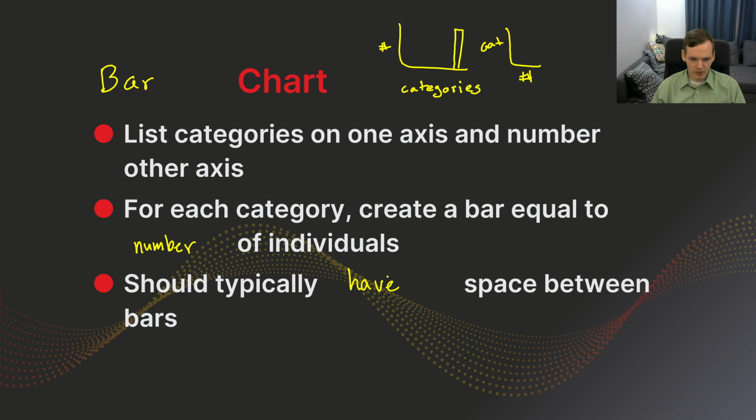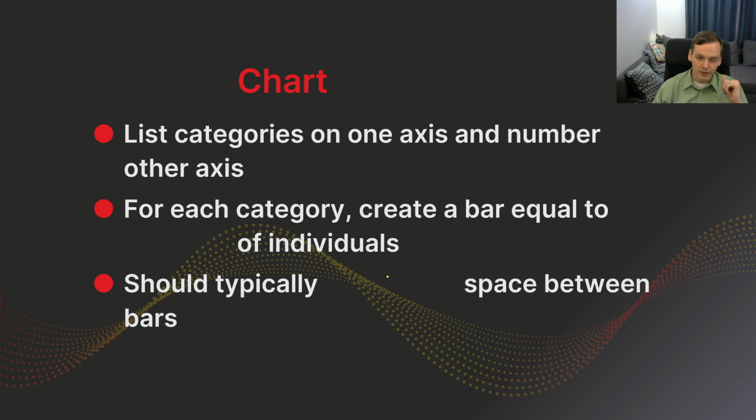If it's a bar chart, the bars should not be right next to each other. They should be spread out slightly and have space between them. If you don't, it's not the end of the world. Maybe statisticians will get kind of upset with you, but it is an important thing to start building into your habits, and we'll explain why when we talk about histograms later.